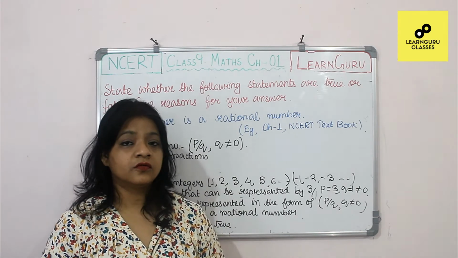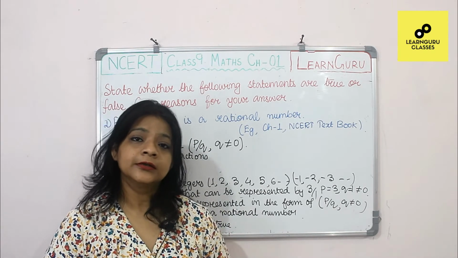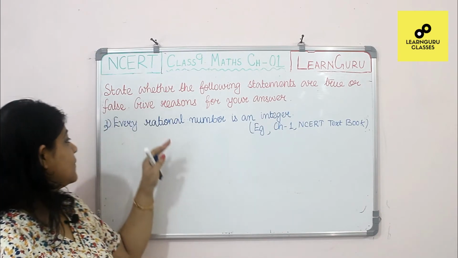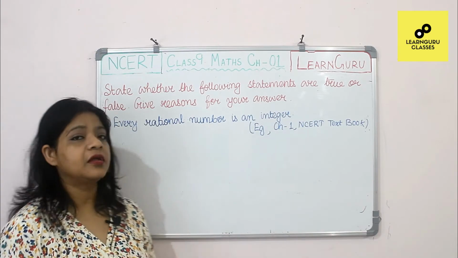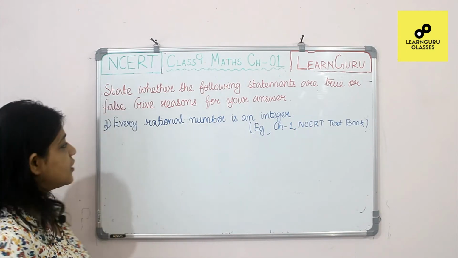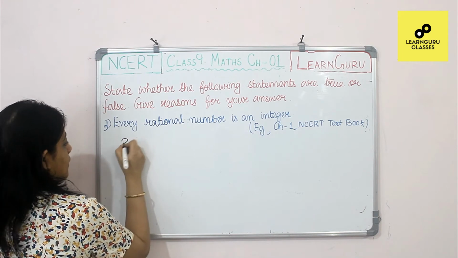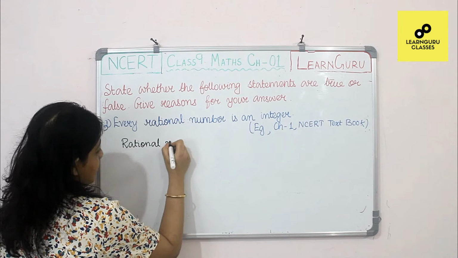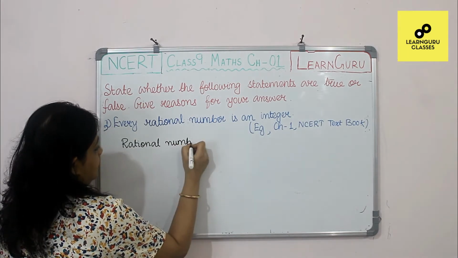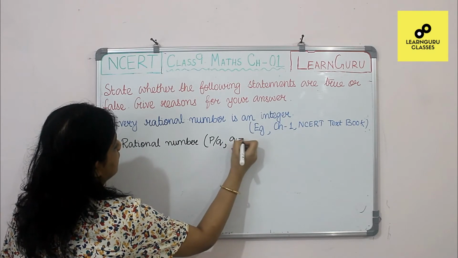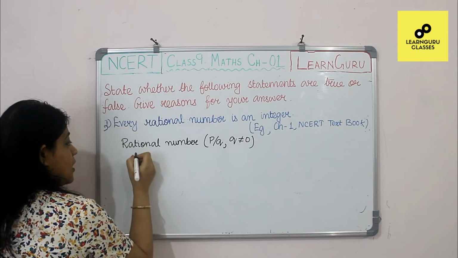Let's move on to the third statement. The third statement is: every rational number is an integer. So a rational number is a number that can be represented in the form of p by q, where q is not equal to 0.